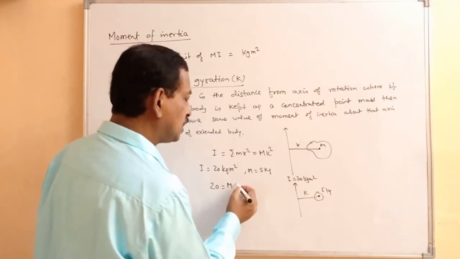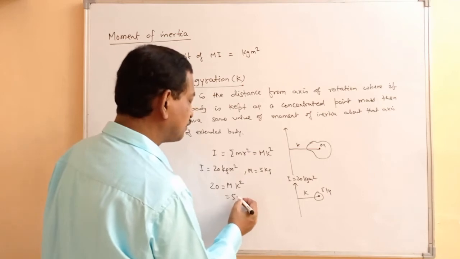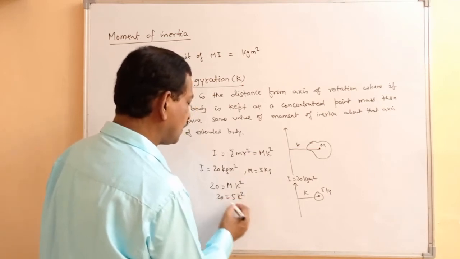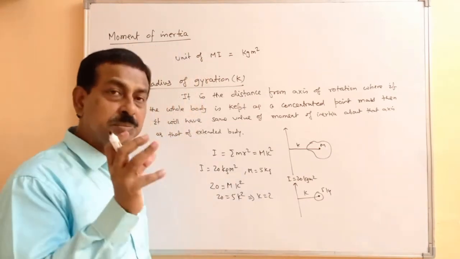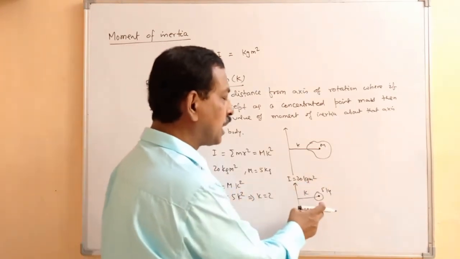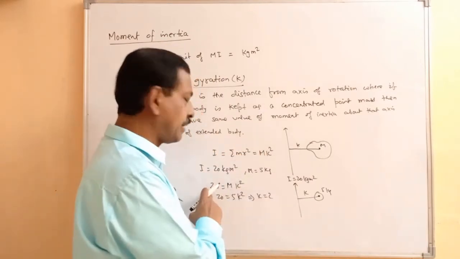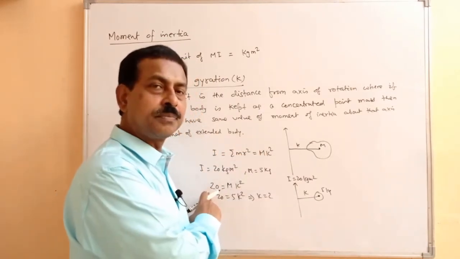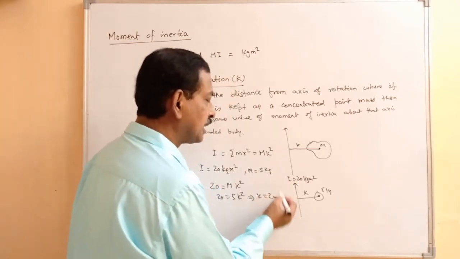So it is m into k square. Mass is 5 kg, so k square is 4, that is, k equals 2. It means this 5 kg mass should be kept at a distance of 2 meter to get the same moment of inertia. So the radius of gyration will be 2 meter.